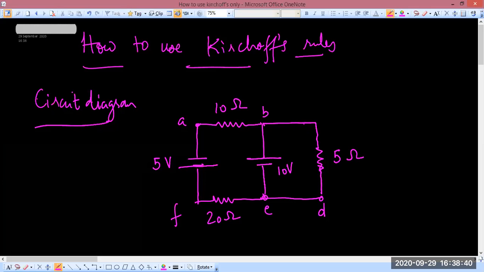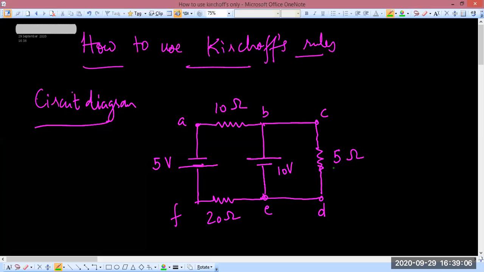So let's learn how to use these rules by using this circuit. The first step that you should always do, listen to this: if it is possible to decide series and parallel, just decide it, it would be easy. But you're soon going to find that it's not possible.